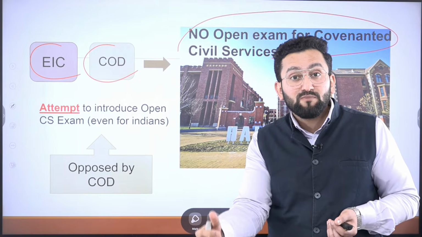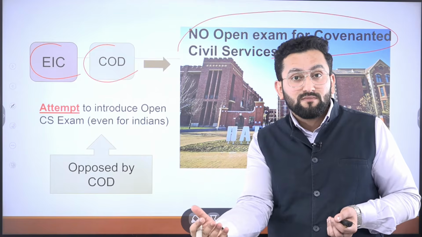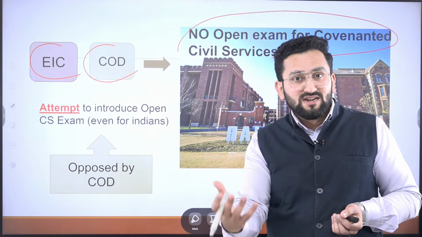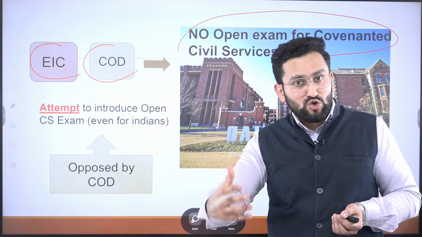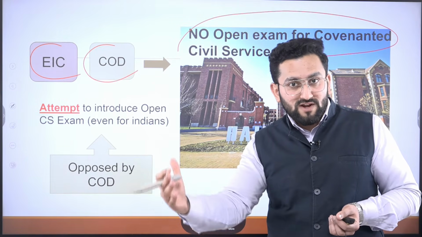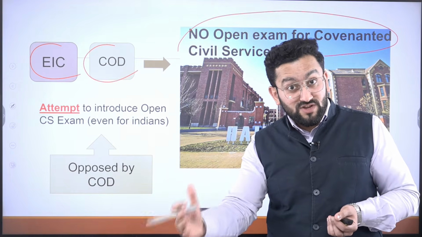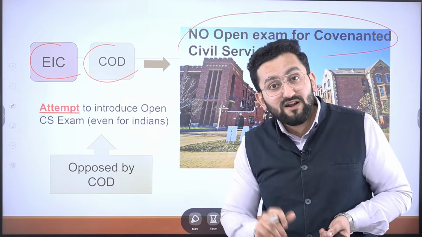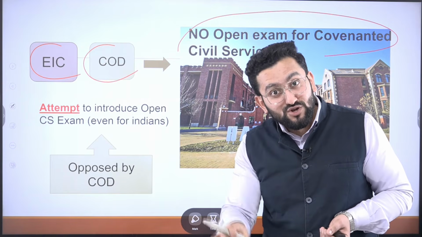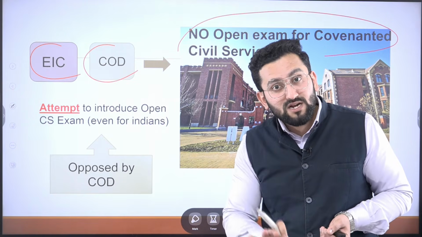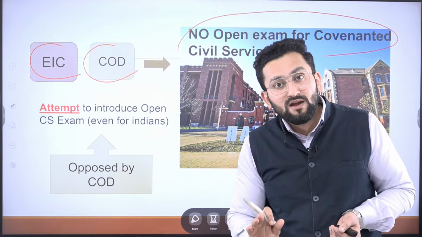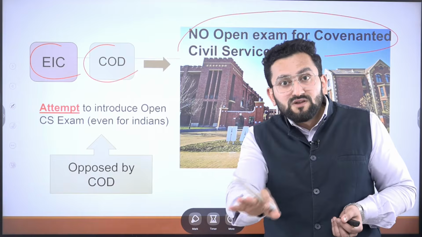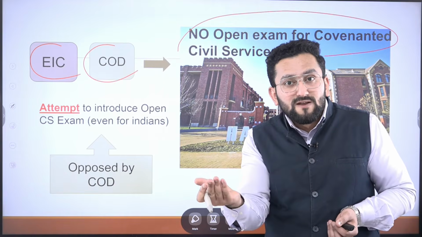Because if it is happening through an open exam, then these bureaucrats won't listen to this private company, although they are part of the administration, which is being run by a private company. The surprising fact is that the administration in India was being run by a private company allowed by the British government, and these private investors did not want these officers working independently.